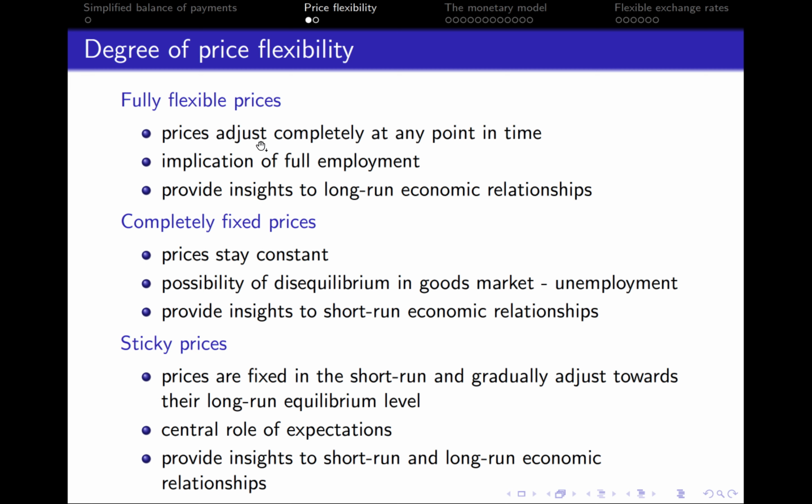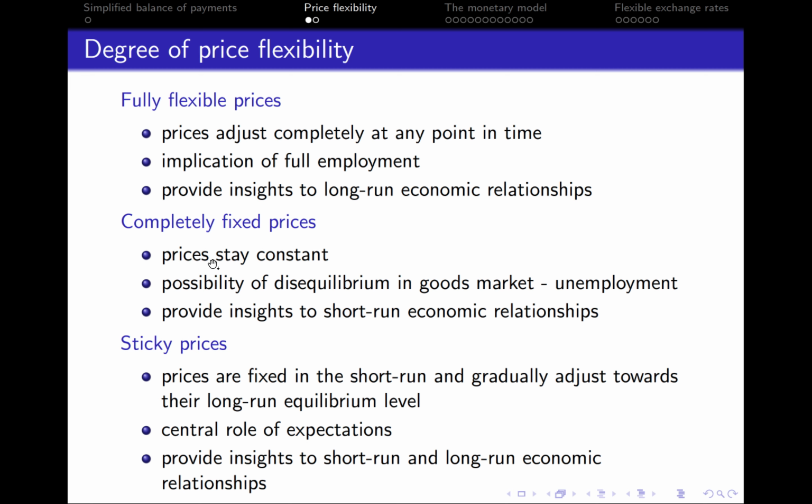On the other side of the spectrum, we would have completely fixed prices. Completely fixed prices is the situation when prices stay constant. This is something you've encountered in macroeconomics when you were discussing the Keynesian cross or the IS-LM model.